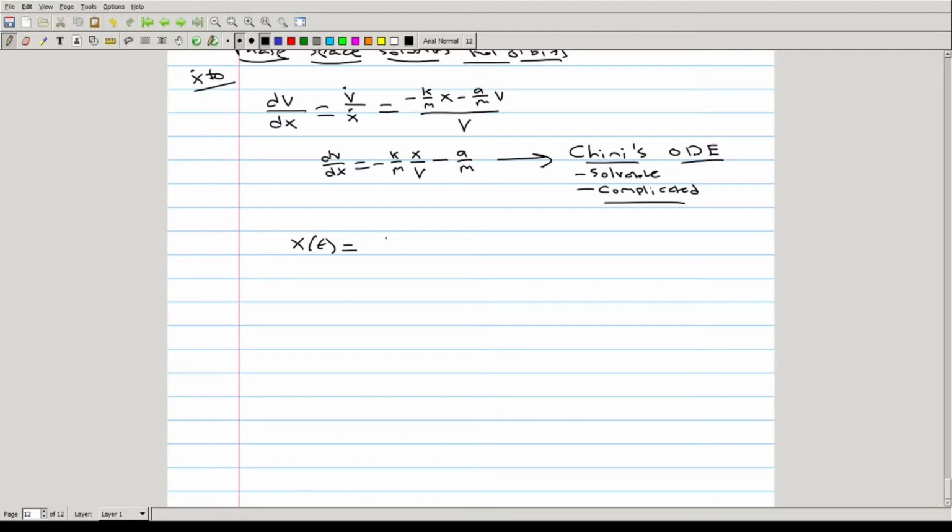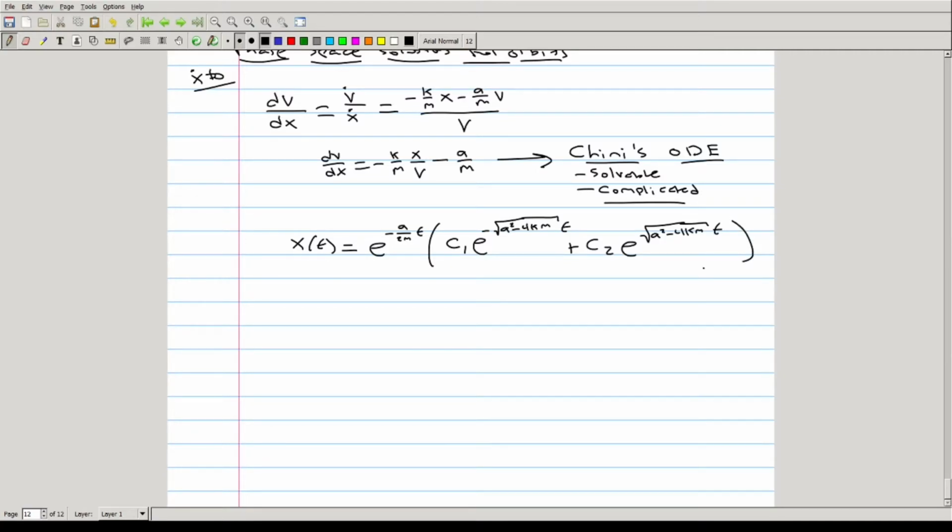This is a homogeneous constant coefficient ODE whose solution is of the form e to the negative a over 2m times t times c1 e to the negative square root of a squared minus 4km times t plus c2 e to the square root of a squared minus 4km times t.